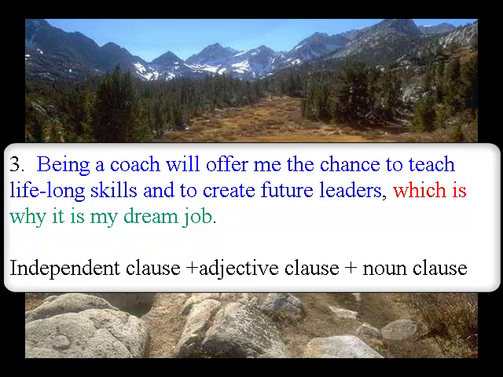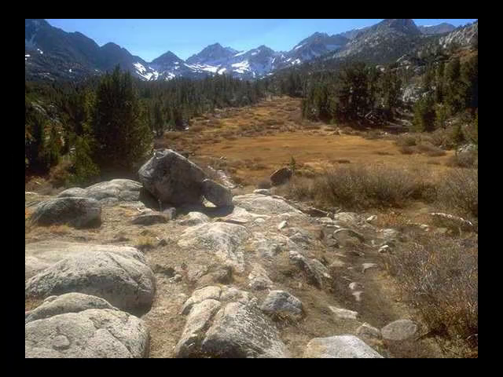In this case, the independent clause is being a coach will offer me the chance to teach lifelong skills and to create future leaders. The adjective clause is which is, and the noun clause is why it is my dream job. So that's a third way that you can structure the grammar with this type of thesis.